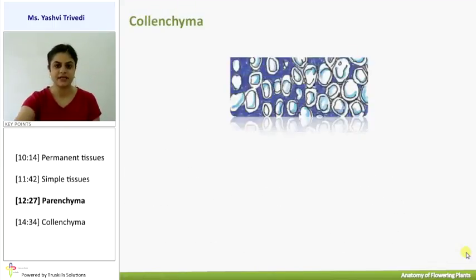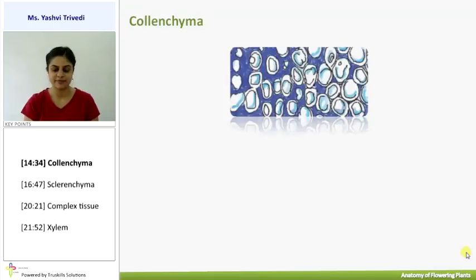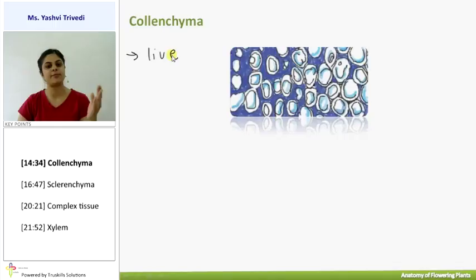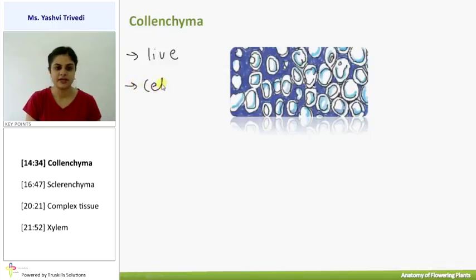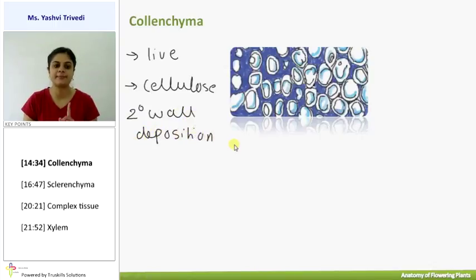Second type of simple permanent tissue is collenchyma. This is the diagram of collenchyma. Now collenchymas are usually said to be live cells. The cell wall of parenchymatous cells, which we have seen previously, was made up of cellulose. The cell wall of collenchyma, what we are seeing right now, is also made up of cellulose. But over here, there will be secondary wall deposition, and that secondary wall deposition is done by a polysaccharide called pectin.